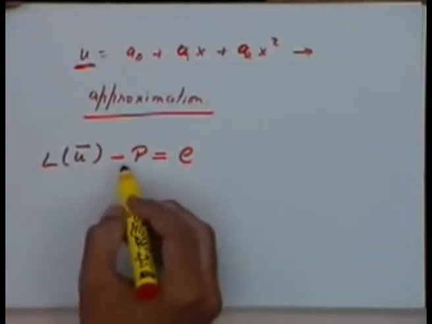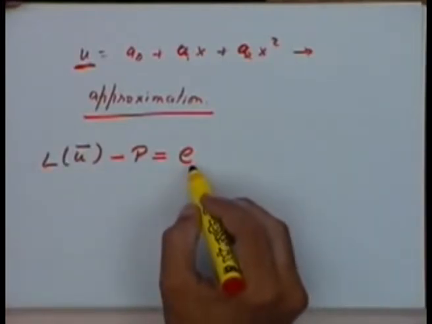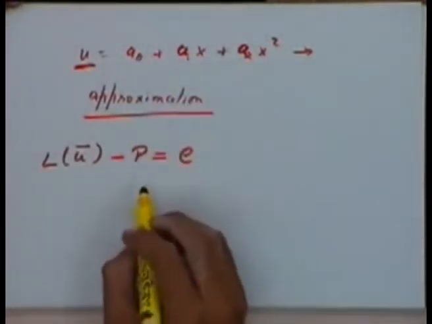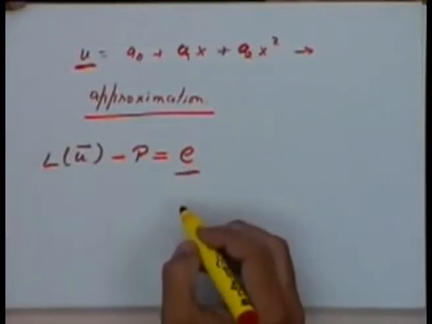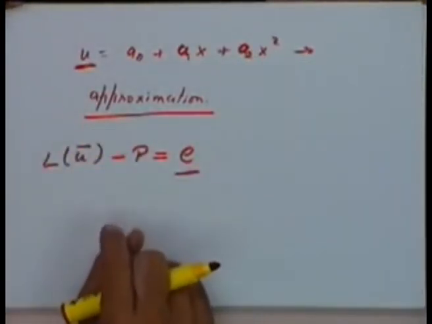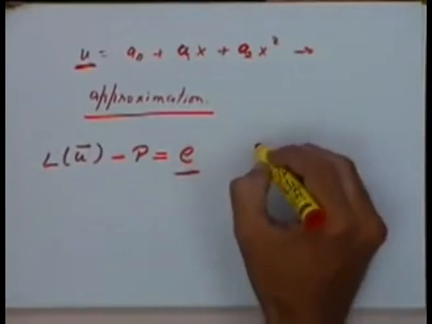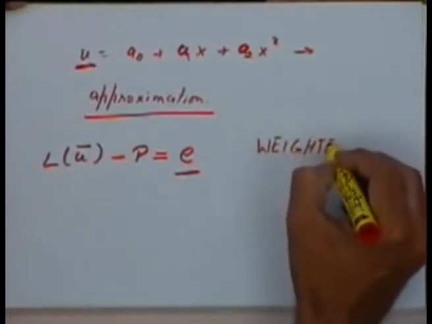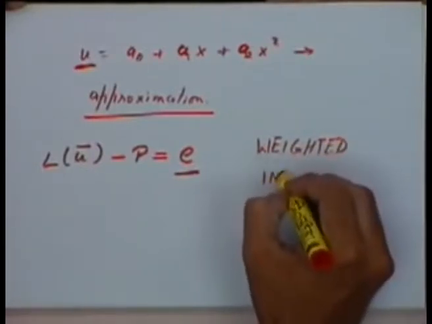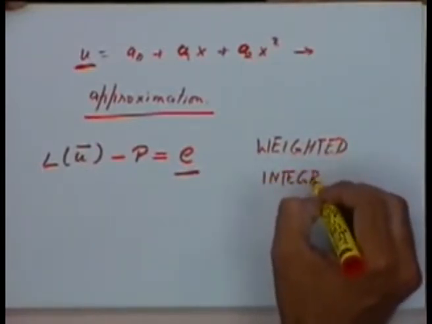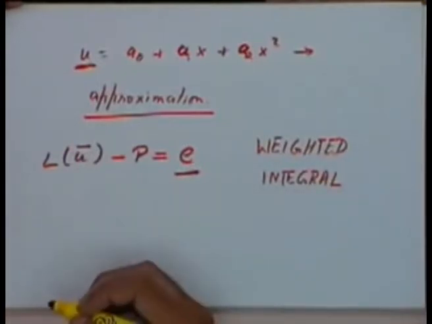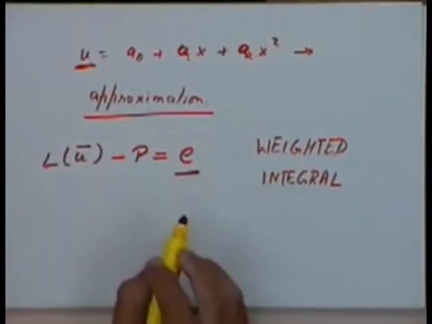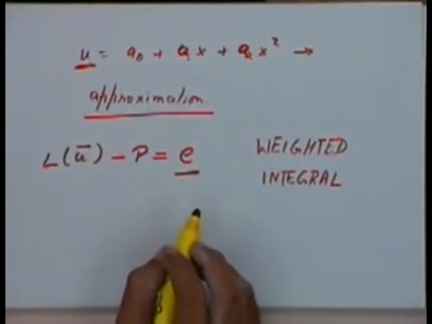So, if L of u bar minus P is equal to E, which is the error term, the basic idea of this Galerkin's approach is we will take this error term and integrate it over the volume. We will carry out what is called a weighted integral. The weighted integral of this error term, that we will try to put equal to 0.